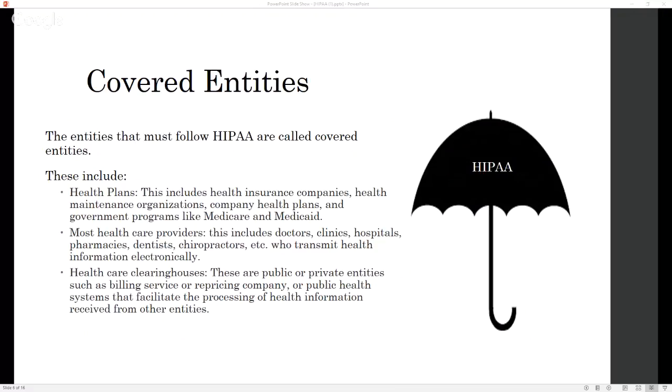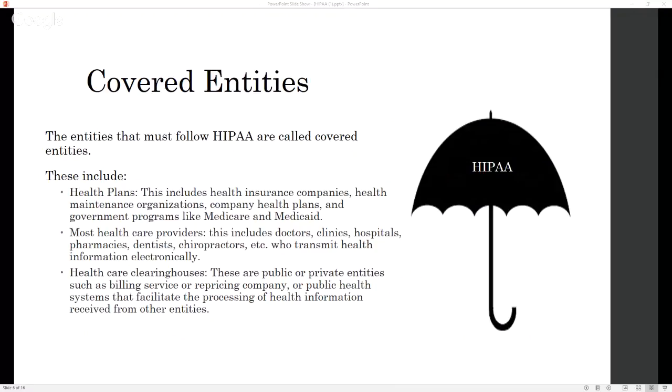Under providers, that would include doctors, clinics, hospitals, pharmacies, dentists, chiropractors, etc. And there's a lot of people or organizations or facilities that would be under providers. It's especially those who transmit health information electronically, although not always entirely electronically. That's just a special emphasis given there.